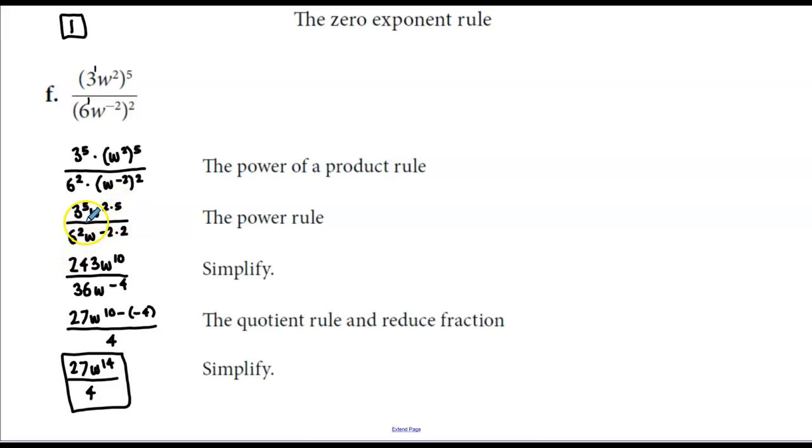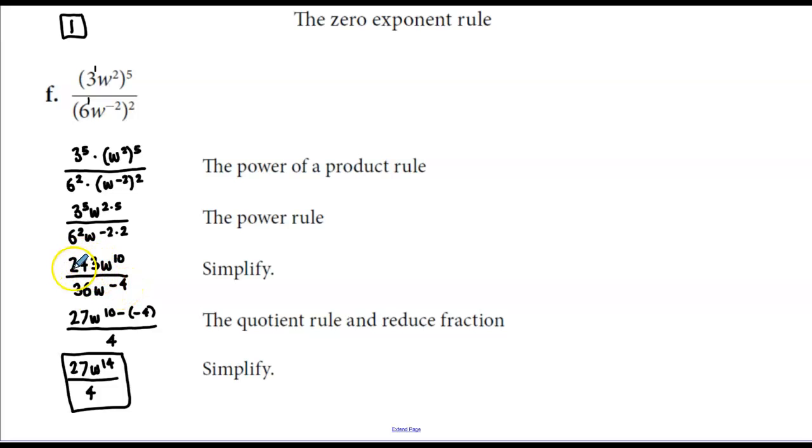In the denominator we have 6 squared times w to the power of -2 times 2. Now 3 to the 5th power is 243 times w to the power of 2 times 5, which is 10. And the denominator 6 squared is 36. And that's w to the power of -2 times 2, which is -4.